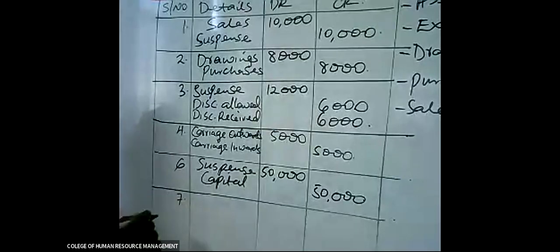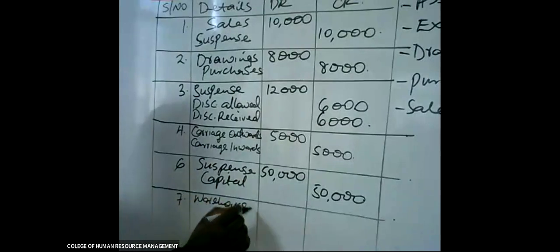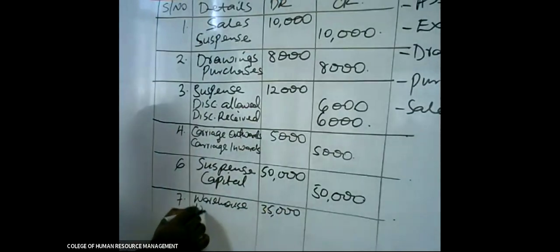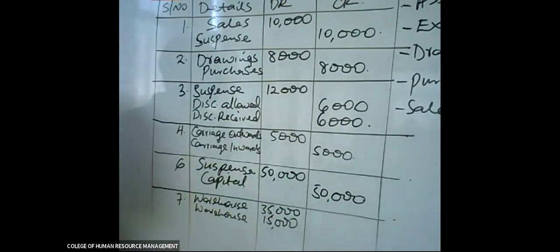Number 7. We are going to debit the warehouse by that 5,000 for the materials. We are going again to debit the warehouse by 15,000 of the wages. Then we are going to credit the purchases. Remember, the materials of that 5,000 were debited as purchases.